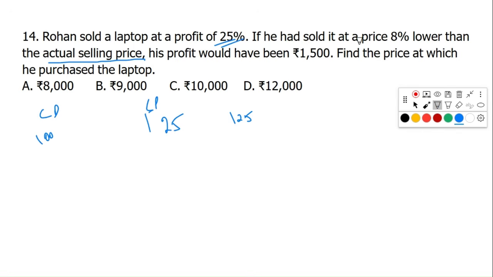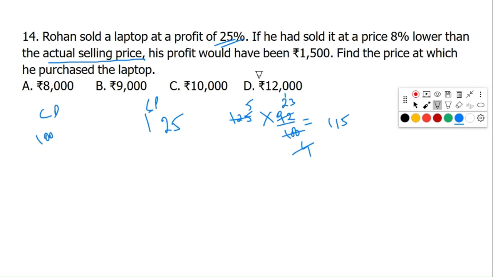If he had sold 8% lower, that means he would have got only 92%, 100 minus 8. So quickly cancel this: 25 fours, 25 fives, and this will be something like 4 twos, 4 threes. 5 threes 15, 1, 5 twos 10, 115. So find the price at which his profit would have been 1500.